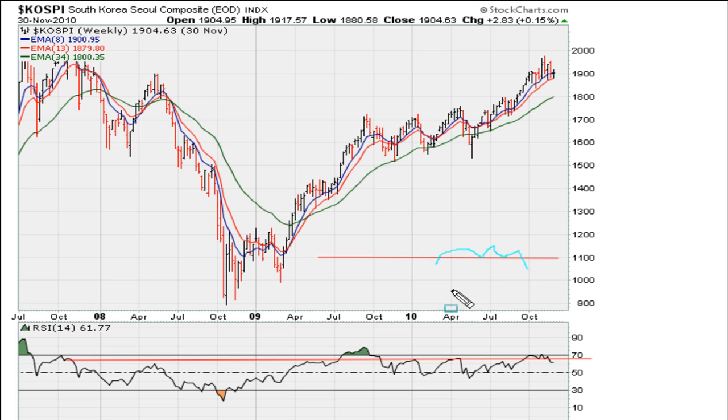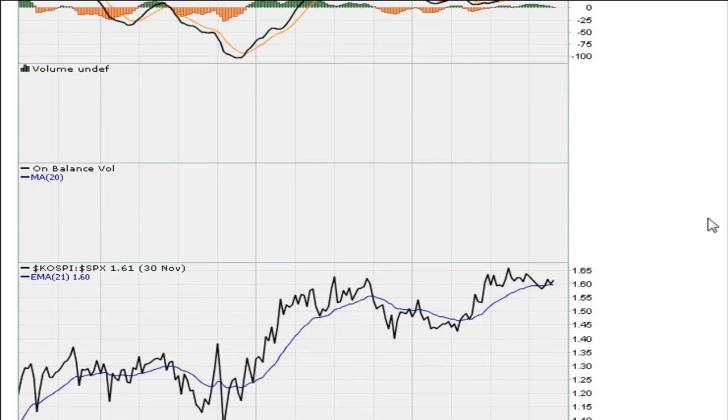So all these three instances are uniform action. That would be how I would look at that. So to me, this is uniform action. This move here is uniform action to the line, and also this is uniform action. All of them separately are uniform action. And so by the time it comes back and breaks below the red line, I would say that's a sell signal. But let's see what happened.